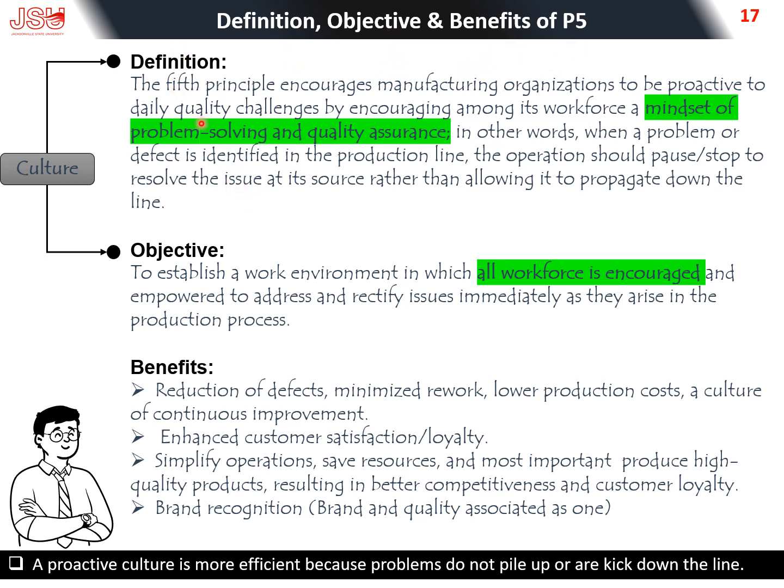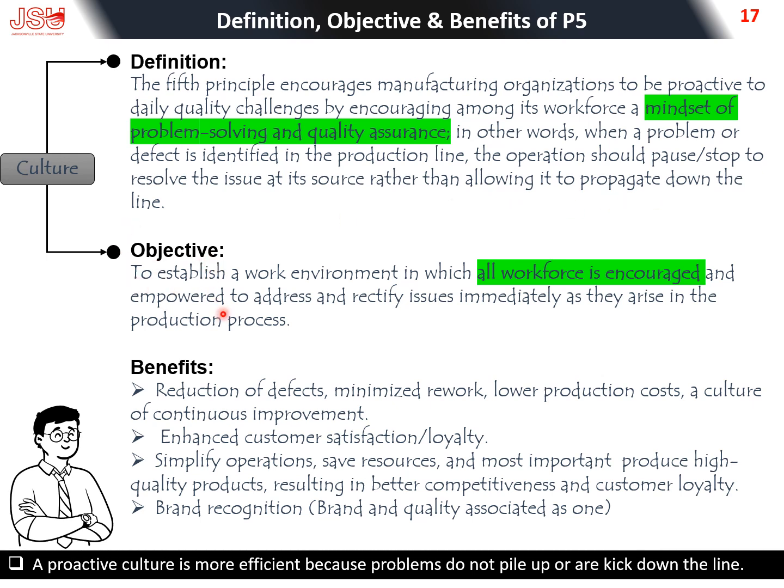Definition. The fifth principle encourages manufacturing organizations to be proactive to daily quality challenges by encouraging among its workforce a mindset of problem solving and quality assurance. In other words, when a problem or defect is identified in the production line, the operation should pause or stop to resolve the issue at its source, rather than allowing it to propagate down the line.